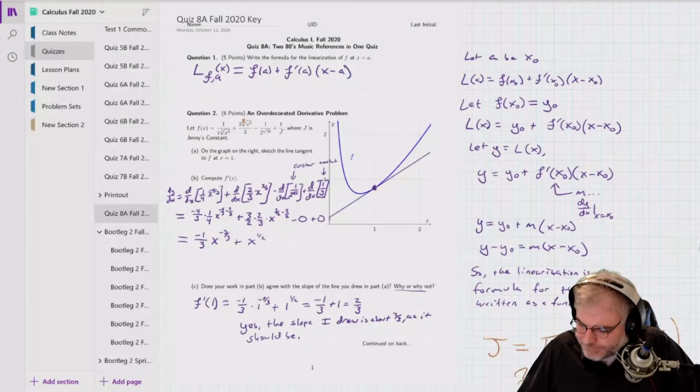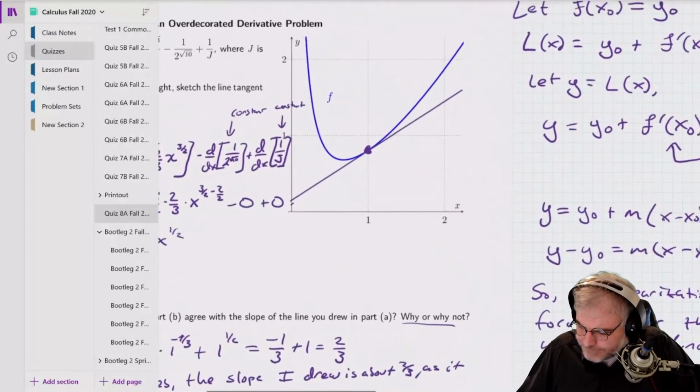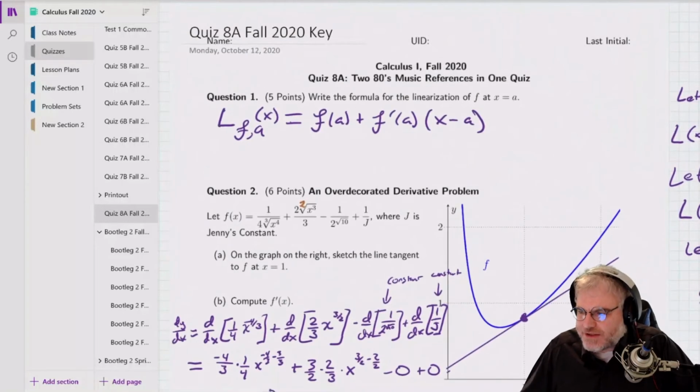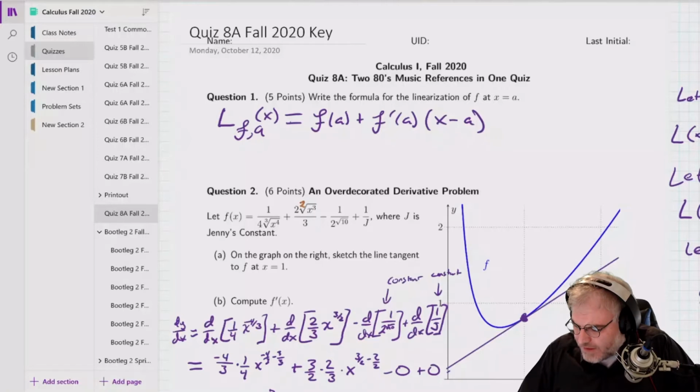All right, so this first question is the linearization, right? The linearization is just this formula. You could have left off the f and a and just had the L of x. So it's L with two parameters of x equals f of a plus f prime of a times x minus a.